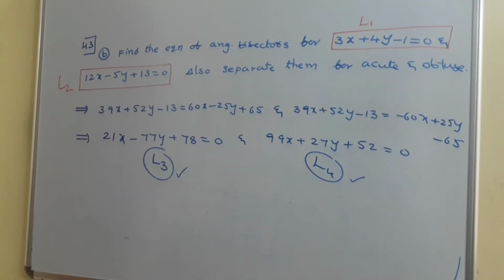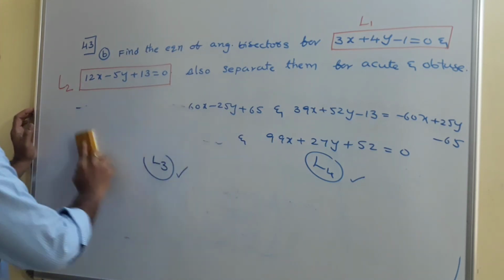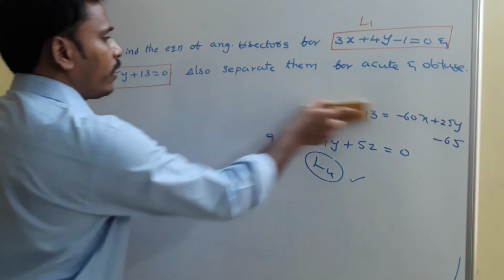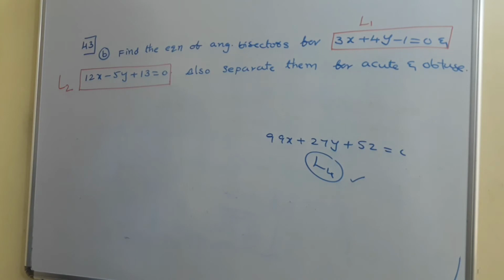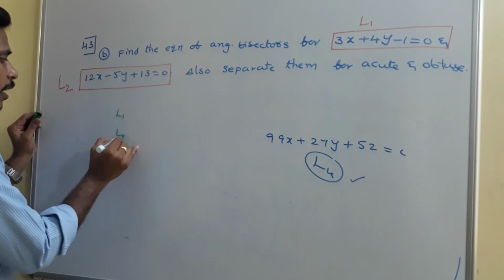How to separate these L3 and L4, one for acute and the other for obtuse? How to identify? Just think about it once. So I have L3 and L4. The given lines are L1 and L2.